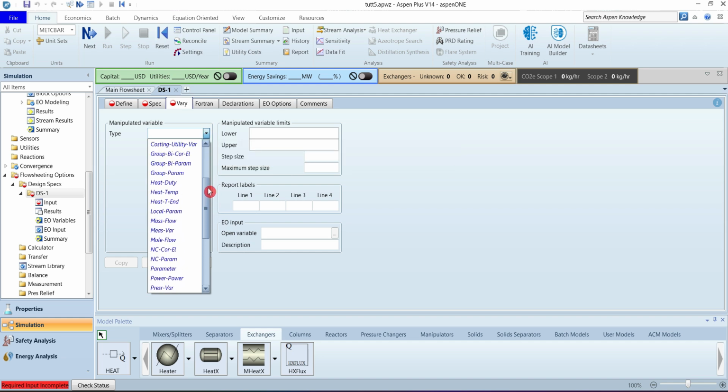And if we are working with any variable that is associated to the block, then we have to pick the option from the block variable. The block variable is the common one that we use. It's the fourth option in the list. And similarly for the stream variables, you can go near the end of this list where it's a stream variable. So be careful in the selection of the variable. It should be from the list of stream variable. It's very near at the bottom.